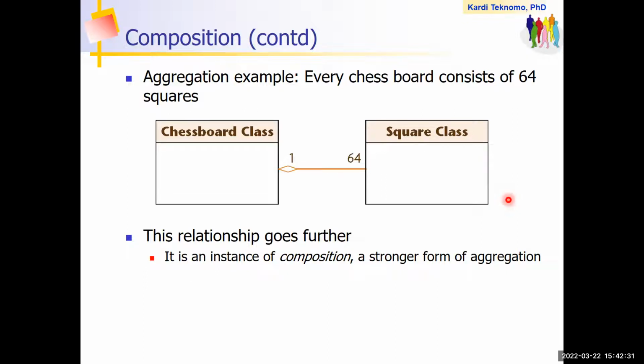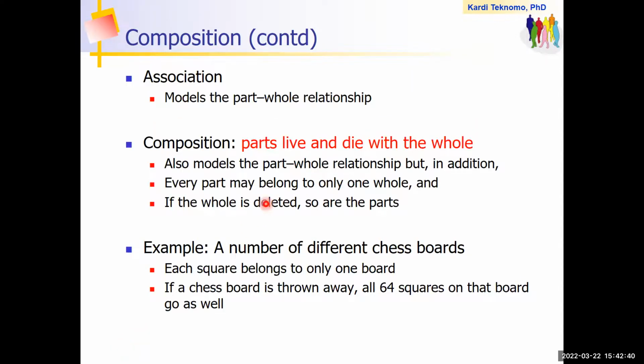So, this is called composition, which is stronger than aggregation, right? So what happens? In this kind of association, the part lives and dies together with the whole.